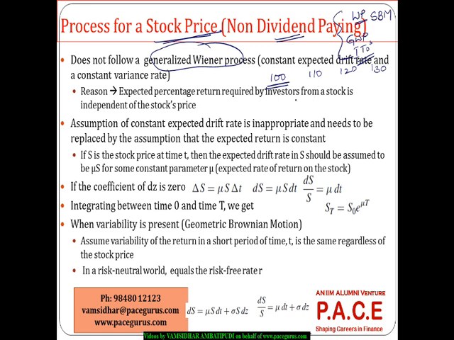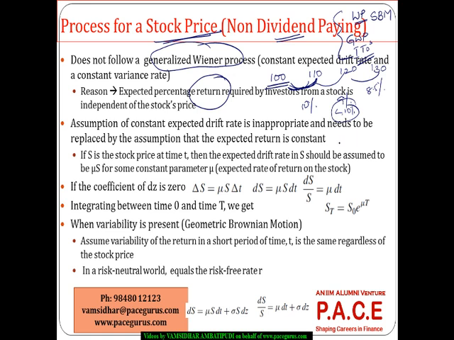Now you could see the first is a 10% return, but the next is, let's say, only 9%, and this might be only 8.5%. I'm just taking some numbers, definitely less than 10%. But the expectation of the investor is that his expected percentage return is more or less constant, not the absolute change in the value.